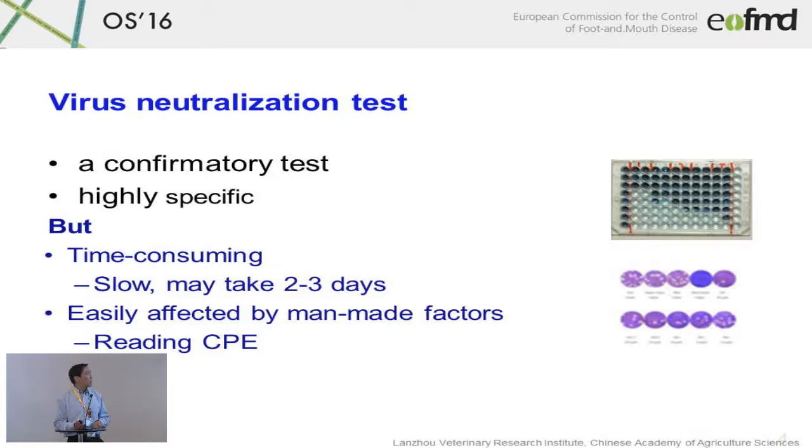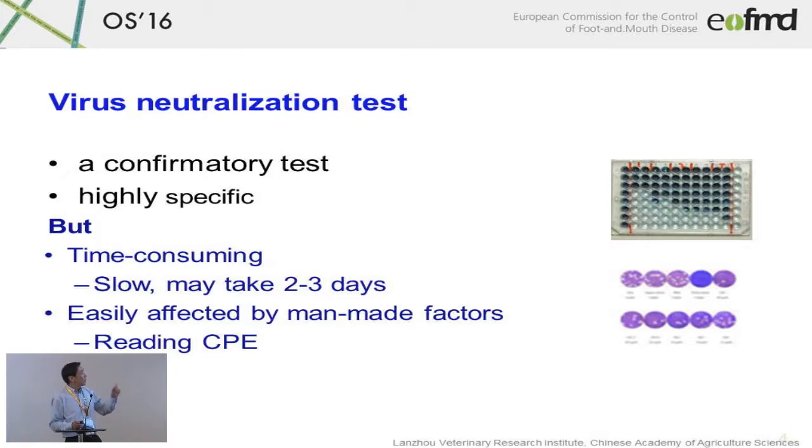You have to read it under the microscope, which is another headache if you have a lot of samples, and if you're not familiar with the CPE induced by FMD, you're quite nervous about which one is CPE and which one is not. So it's easily affected by human error. Sometimes when you compare results between different laboratories, they are not the same. The variation is quite high from lab to lab.